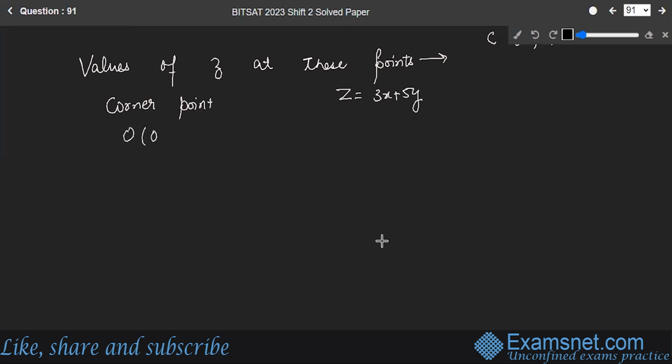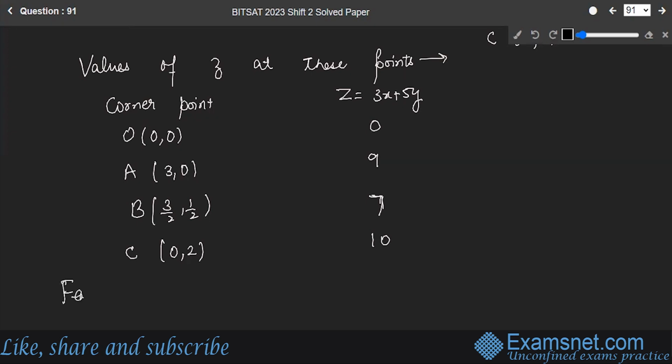First corner point was your origin. The second one was (3, 0). Third and fourth. So here the value of Z comes out to be 0. Here it will be 9, 7, and 10. All right, so see, that means over here the feasible region is unbounded.